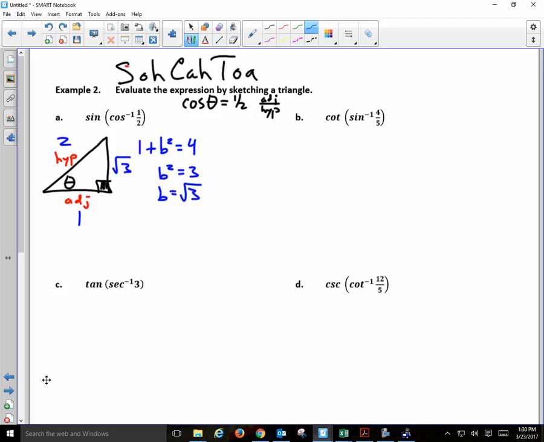Theta, right? Forget about the actual value. It's 60 degrees, but forget about the actual value. So when I cosine inverse this, I come up with theta. So this expression, instead of sine of cosine inverse of 1/2, becomes sine of theta, because this gives you an angle. So now the question just becomes, what is sine of the angle? Well, what's sine of theta? Root of 3 over 2.